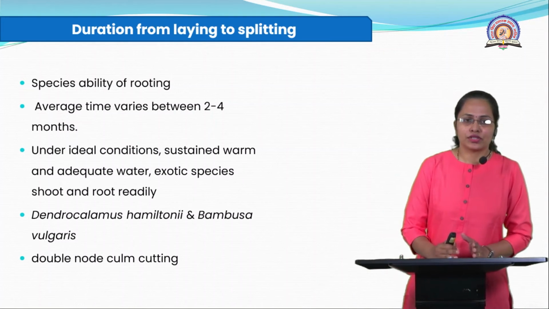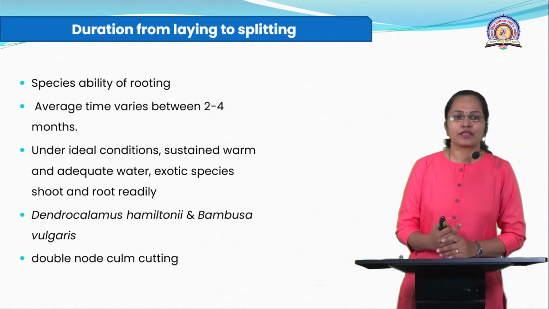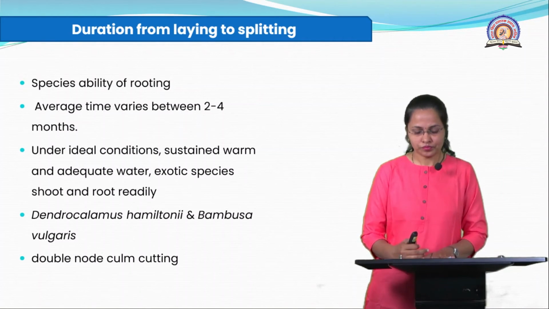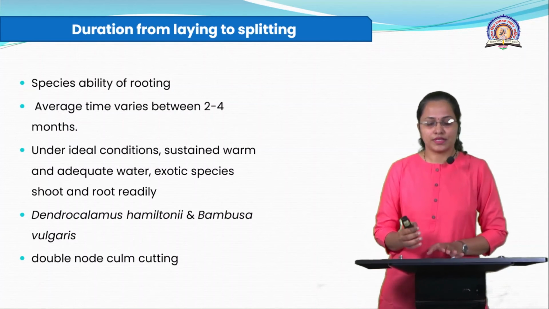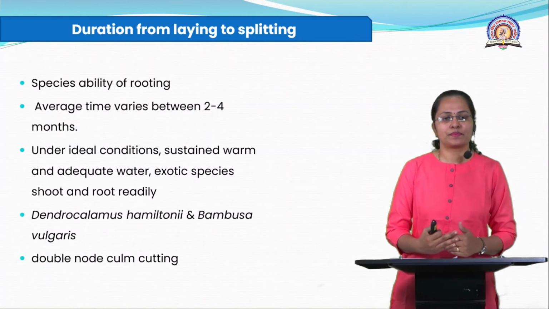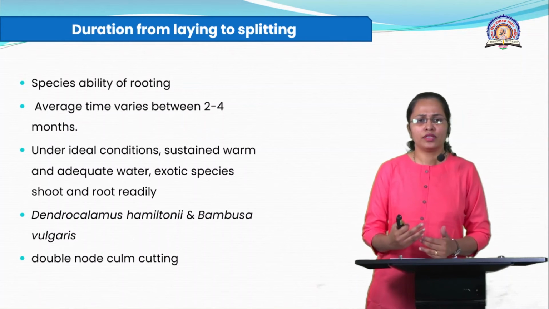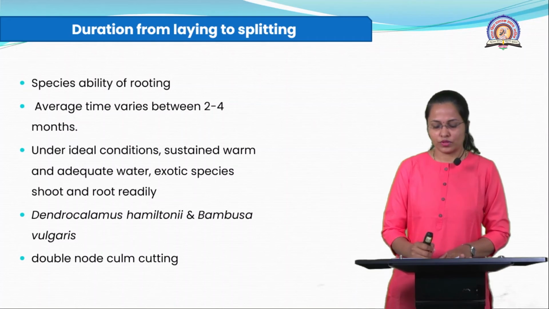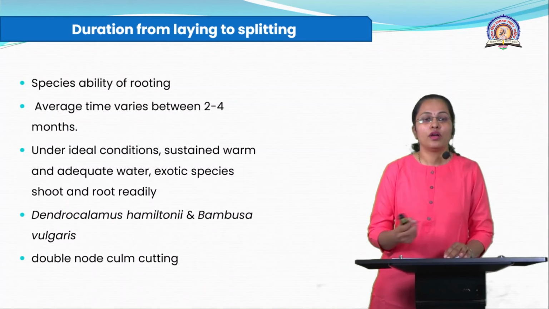Under ideal conditions, with sustainable warmth and adequate water, exotic species shoot and root readily. But some indigenous species like Dendrocalamus hamiltonii and Bambusa vulgaris require some more time for rooting, and some more time to shift from layering to splitting.